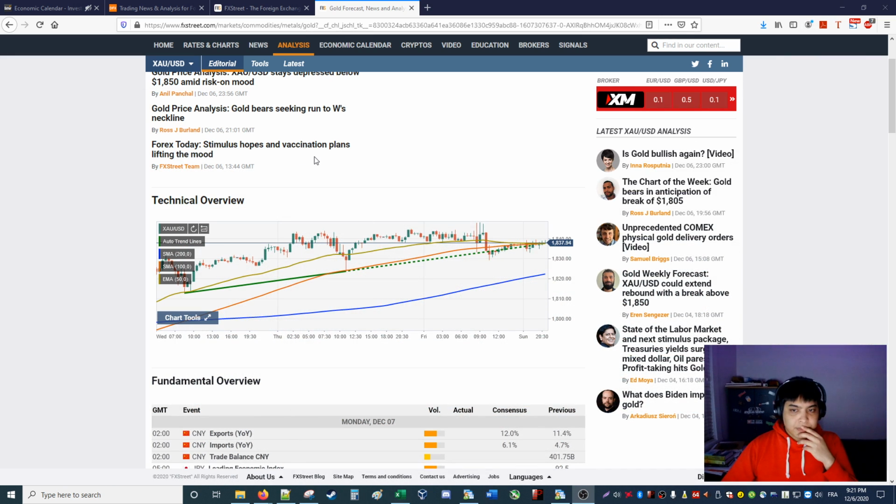So if it's not strong, it has to go up. Okay. Is gold bullish again? The chart of the week: gold bars in anticipation of a break. Gold could extend above or not. State of the labor market, next stimulus package. Treasury yield surge, mixed dollar, oil price gain, profit taking hits gold.